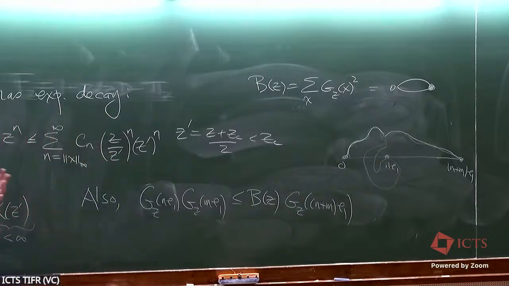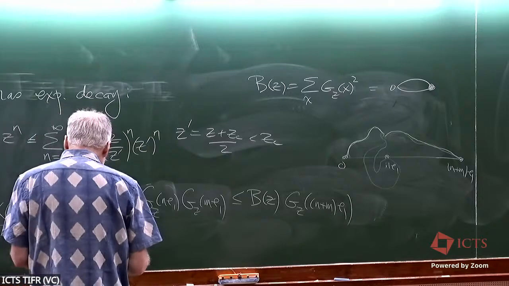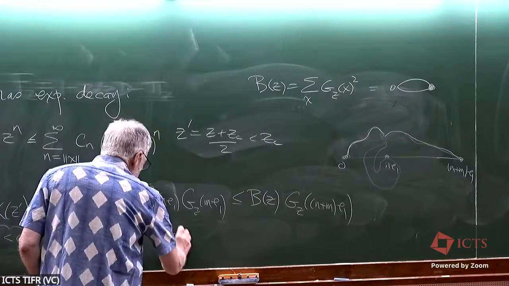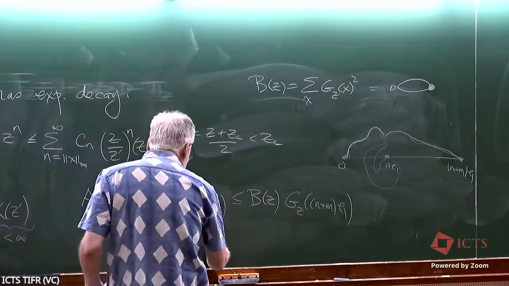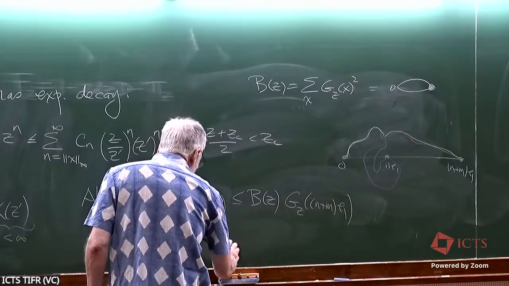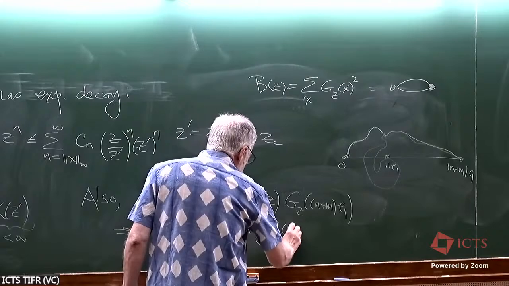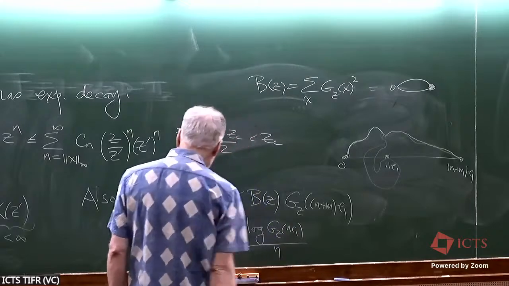and that immediately implies, by a subadditivity argument, that the following limit exists. m_z e_1 is equal to the limit, as n goes to infinity, of minus the logarithm of g_z of n e_1 divided by n. This limit exists.